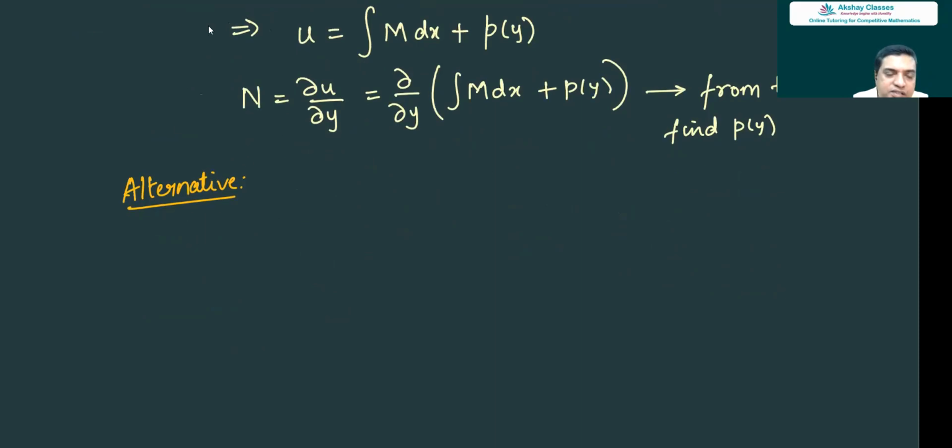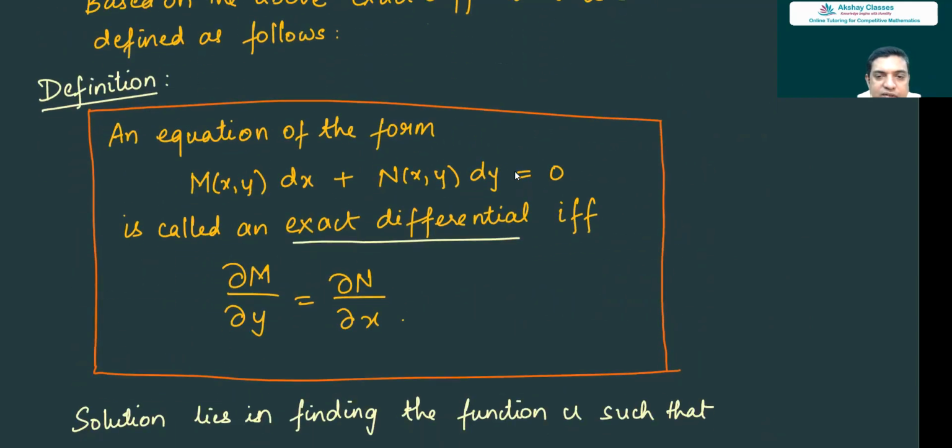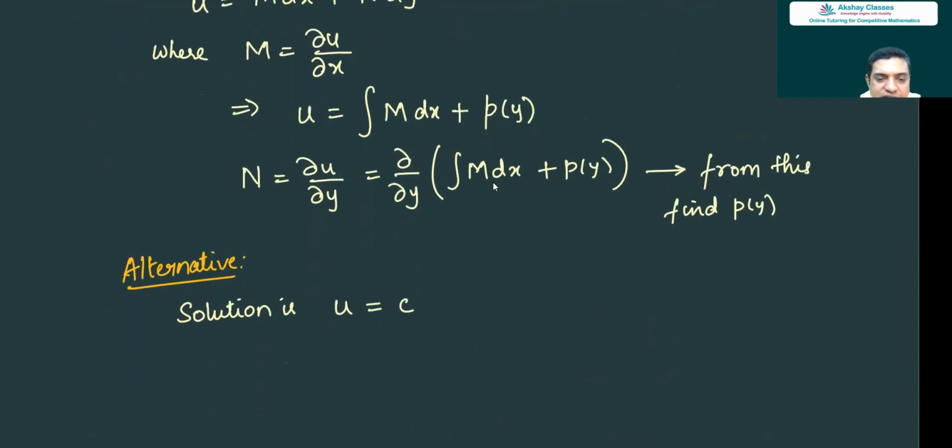Now, the alternative is: the solution is u is equal to c. M dx plus n dy equal to 0 means du is equal to 0. So the solution will be u is equal to c.